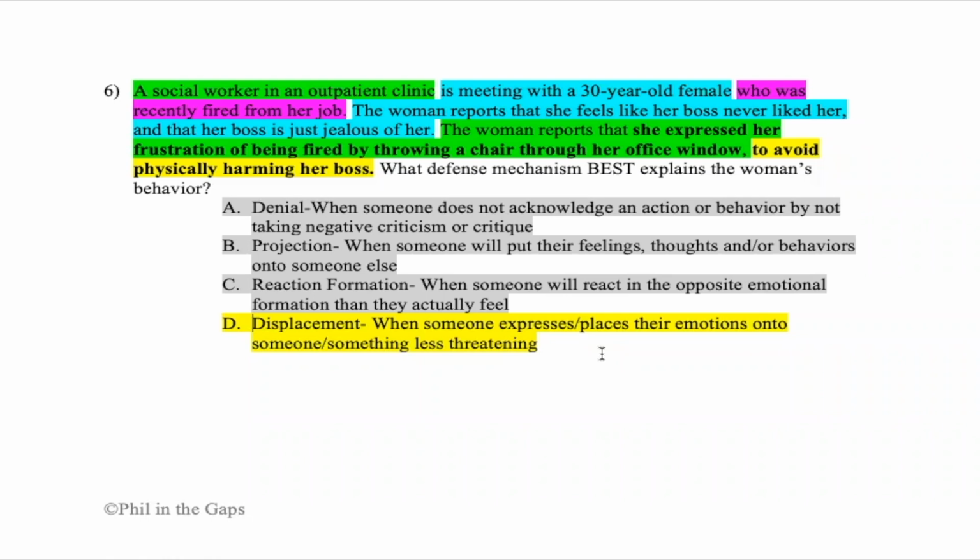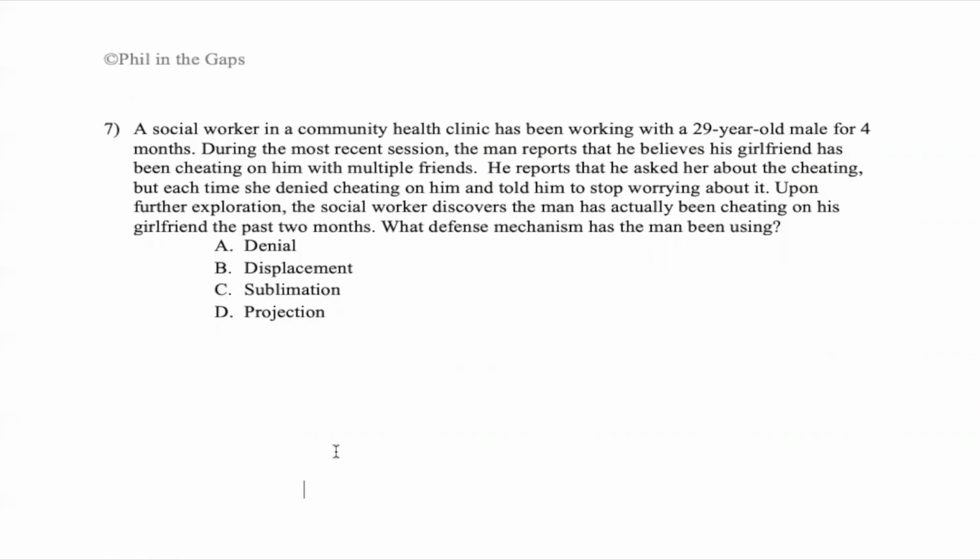So that's how we look at that question in particular. Question 7. A social worker in a community mental health clinic has been working with a 29-year-old male for 4 months. During the most recent session, the man reports that he believes his girlfriend has been cheating on him with multiple friends. He reports that he asked her about the cheating, but each time she denied it and told him to stop worrying about it.